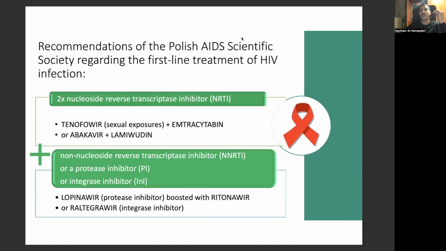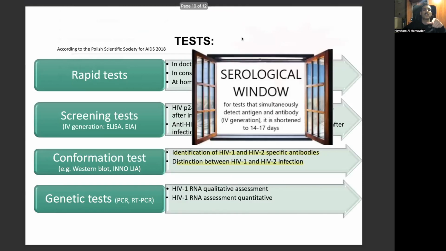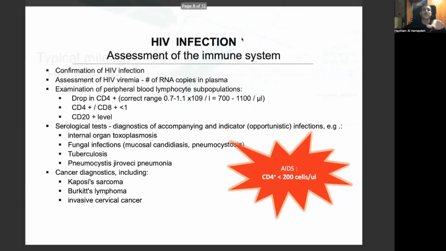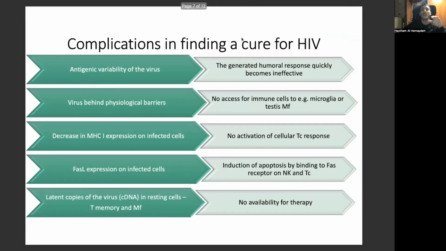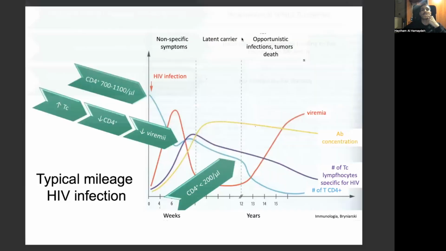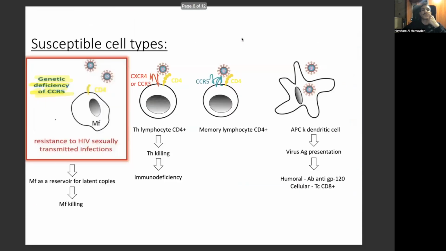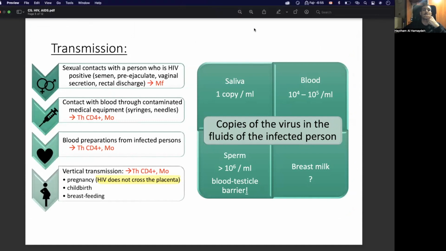And the protease enzyme was actually used to cleave the proteins produced so that it can be used to help the virus make its function happen. And what else? Yes, the screening tests, the diagnosis of HIV, why HIV is very hard to fight. Yes, and that's it.